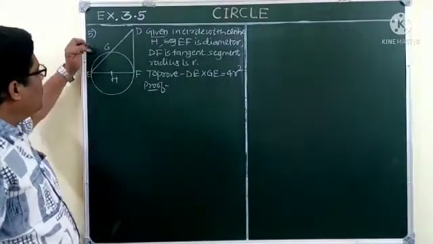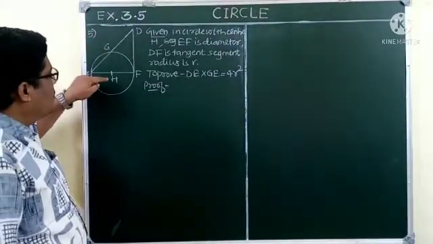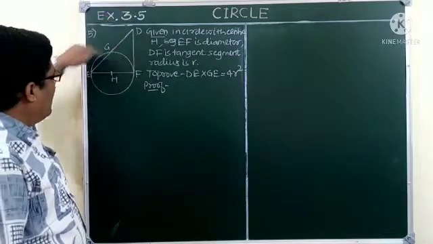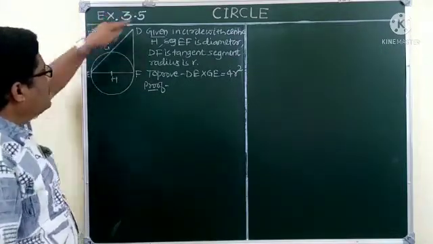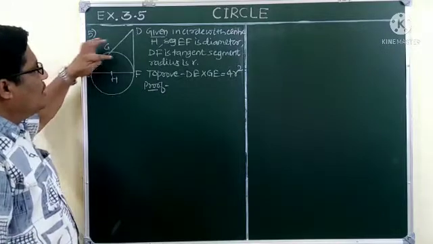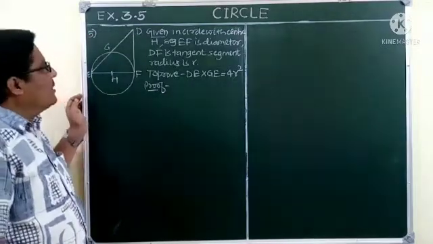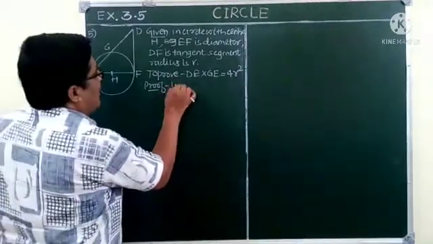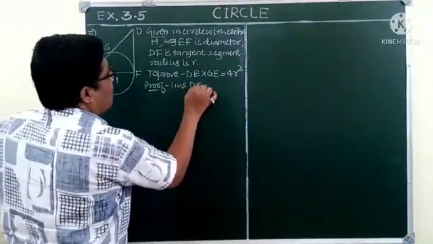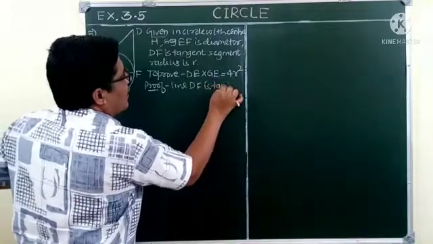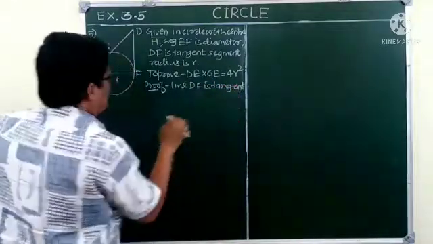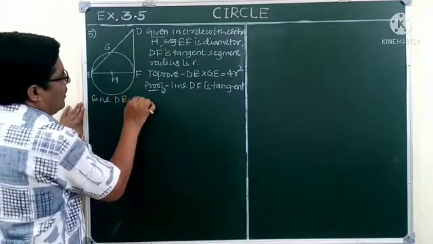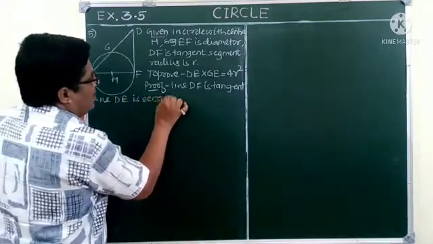Now in this figure, in circle with center H, here line DF is tangent segment and line DE, this is secant line. So here we can use tangent secant segment theorem. So for that we will write here line DF is tangent, line DE is secant.